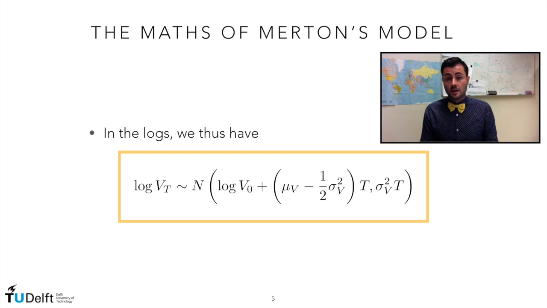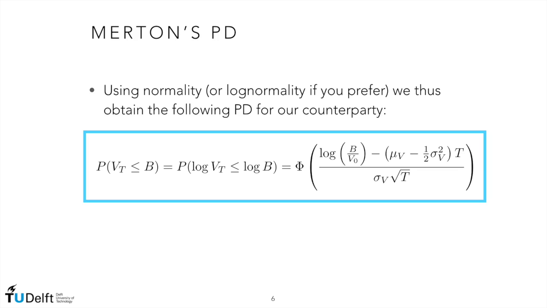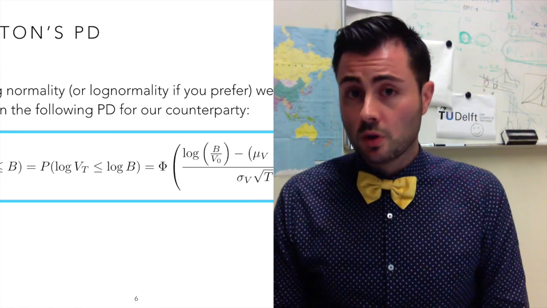This implies that Vt follows a log-normal distribution. And here it is, the probability of VT being smaller than or equal to B corresponds to the probability of the same relationship in the logs that we can express in terms of Phi, the cumulative distribution function of a normal distribution. Have a look at the probability of default according to Merton's model.